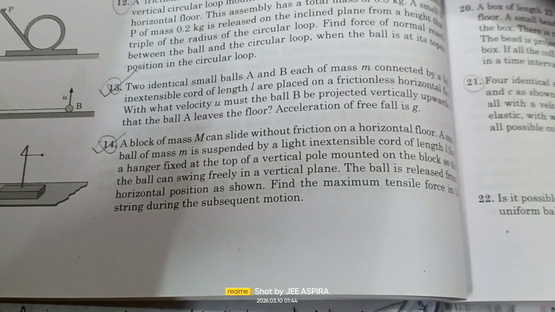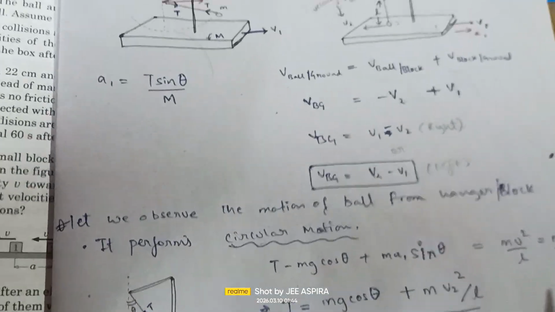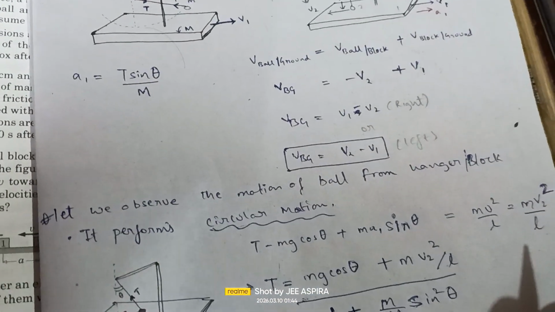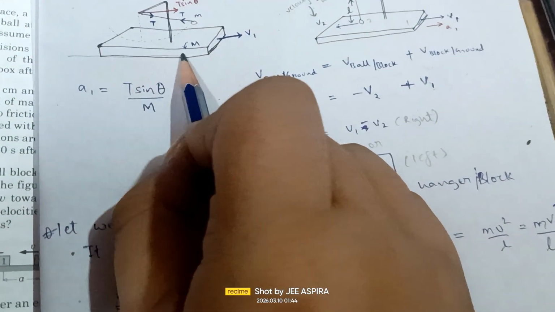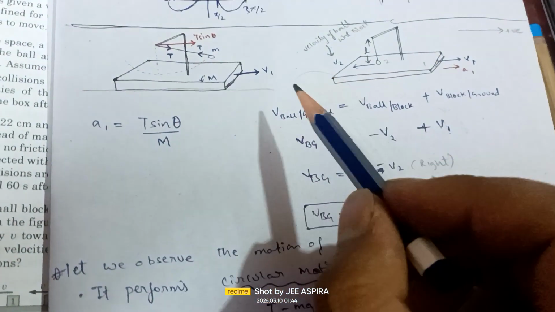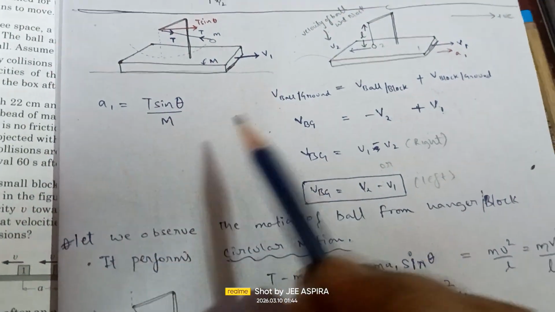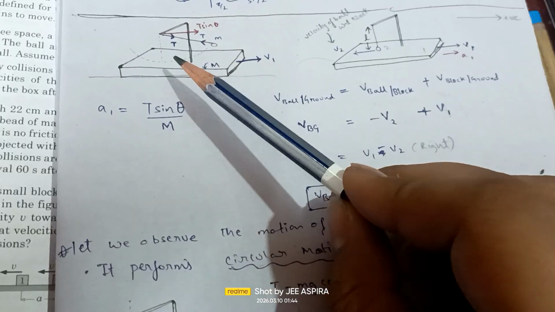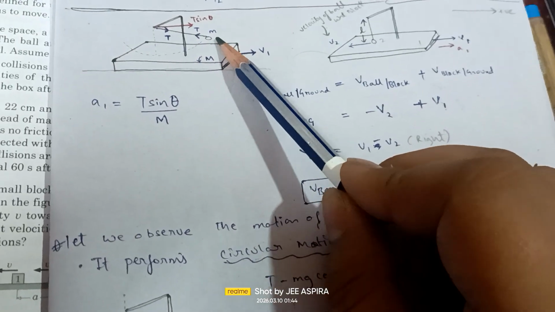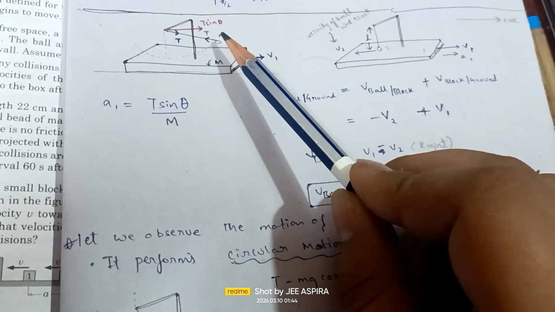So let's go into the solution. It is given that the floor is frictionless, so there is no horizontal force given. And it is said that the small ball m is released.